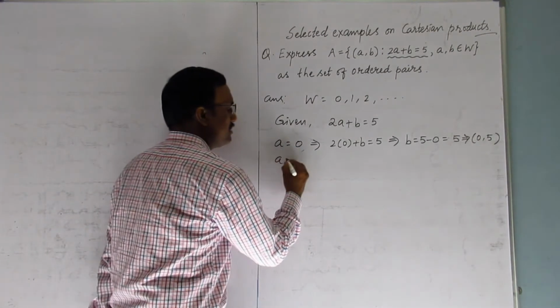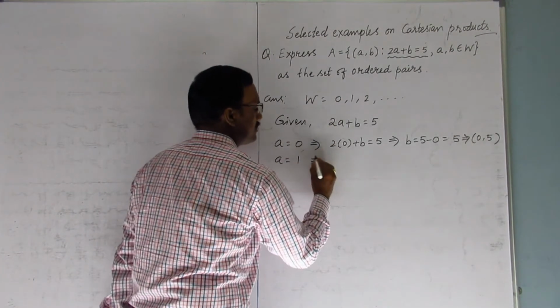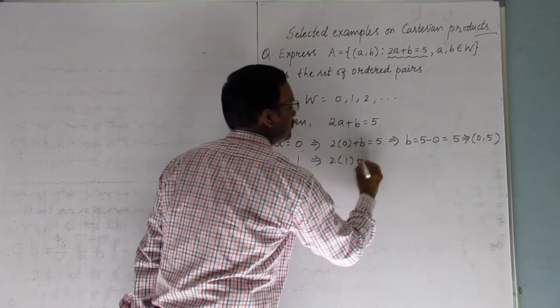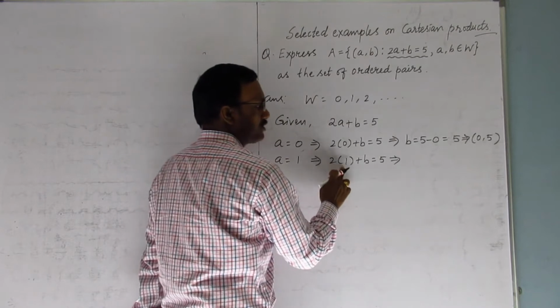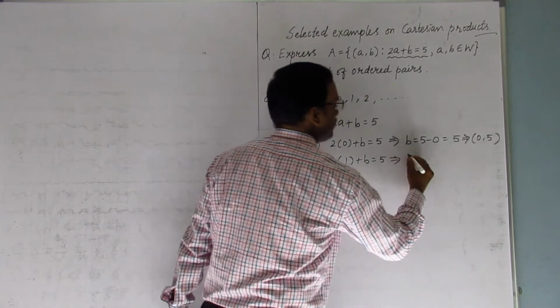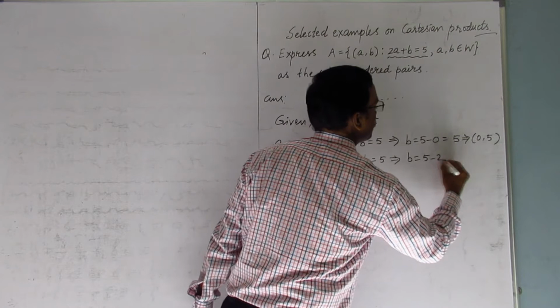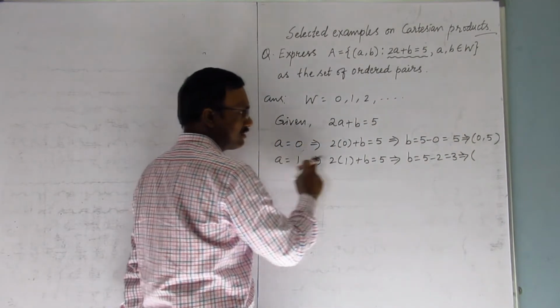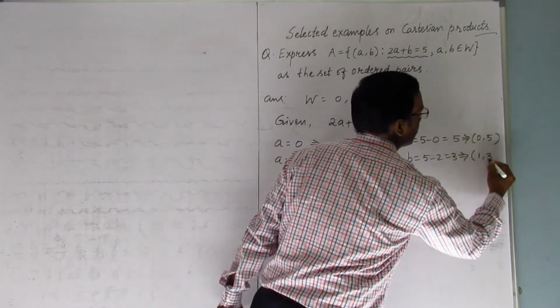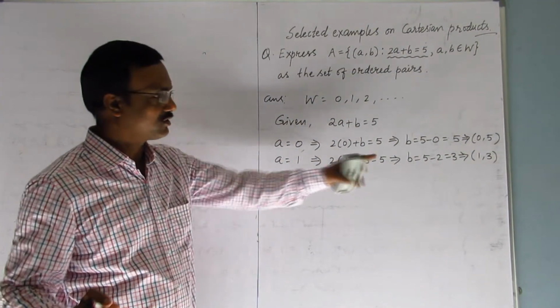Second one, a is equal to 1. This will give 2 into 1 plus b is equal to 5. 2 into 1 is 2, so b is equal to 5 minus 2, that is 3. This gives the second pair as 1, 3.